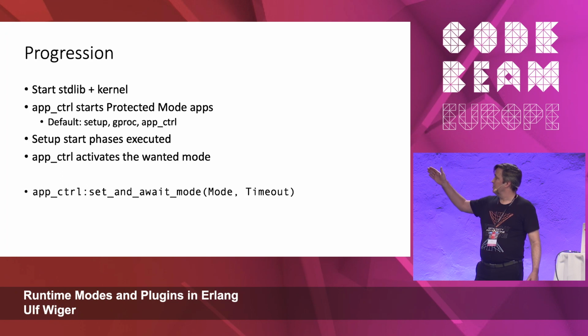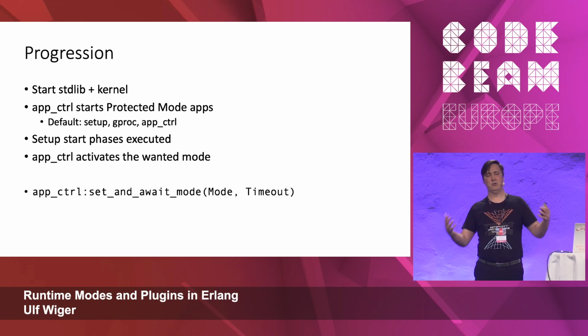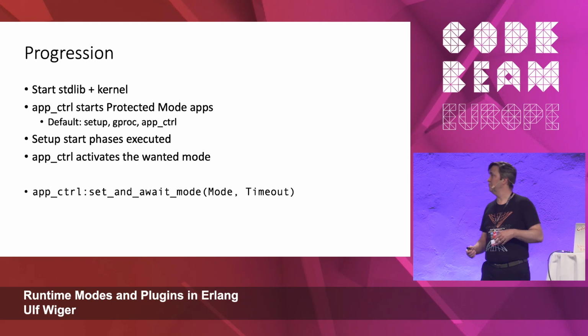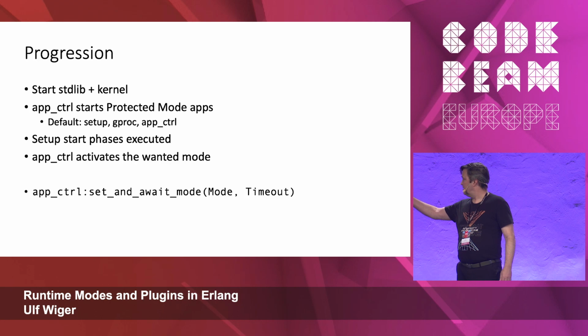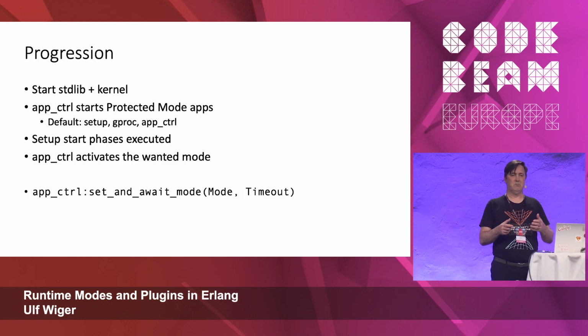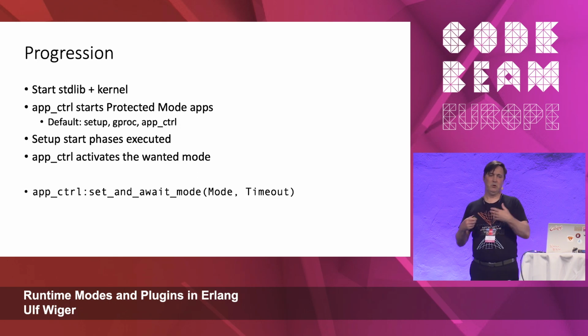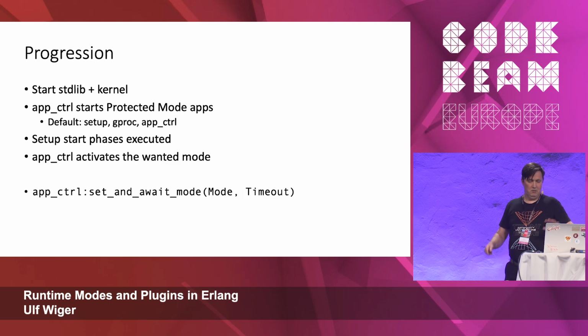Once all those are started, it checks what the next mode should be. If it's normal, for example, it will start all the applications that are allowed to run in normal. Then you can use the set mode or set and await mode function if you want to change to something else, like maintenance mode. You just call that function. It will reconfigure the system and return when all the changes are done and the system is stable again.